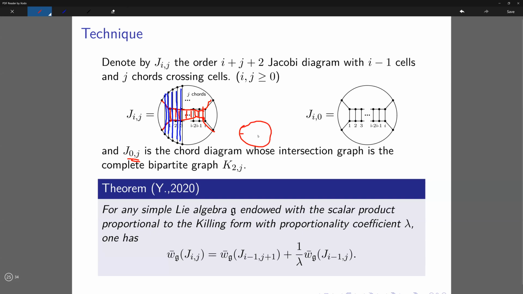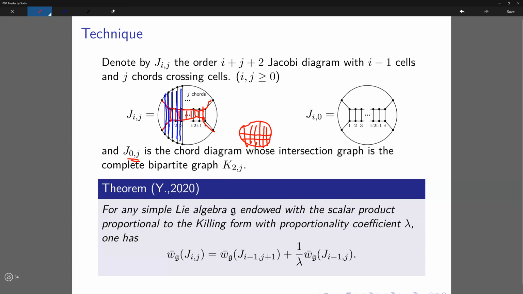Because J0j just looks like this, and its intersection graph is the complete bipartite graph K2j. And my result is to find a relationship: from one side to the other, we can reduce the number i plus j.